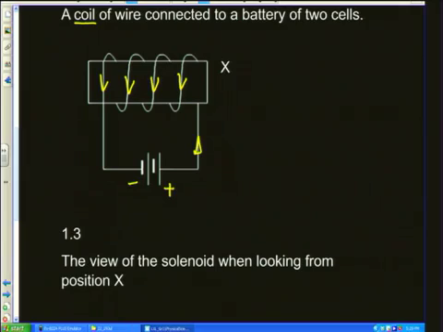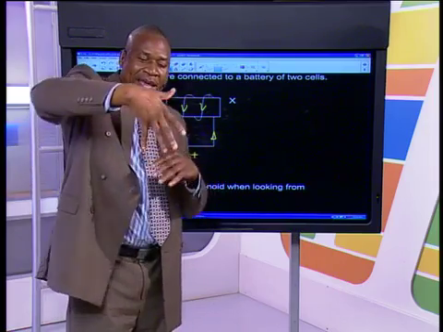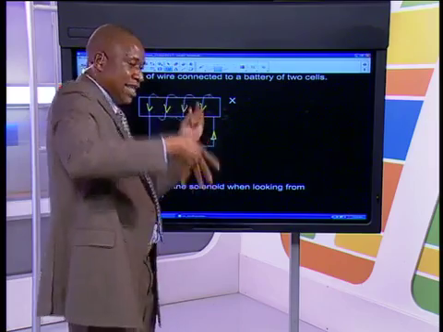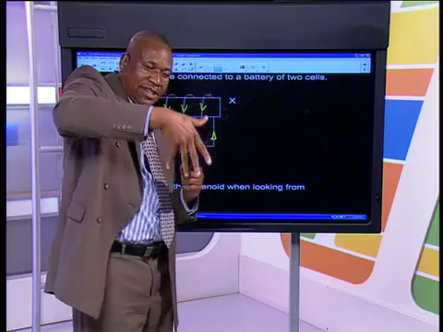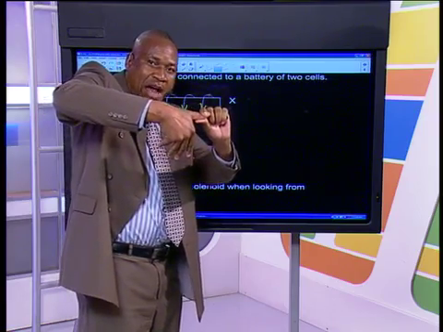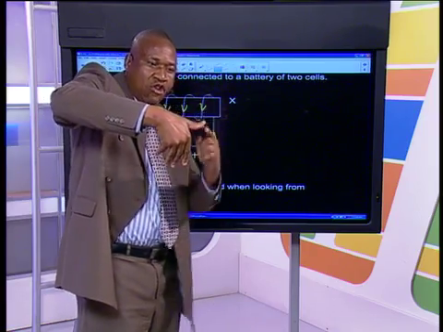Now let's just have a look at this. Again, I want you to have a look at my fingers here. If you look at the direction of current on the drawing that I've given you, you can actually do it this way. Your fingers in the direction of current, and you can see the direction of current there. Then the direction of the outstretched thumb gives you your north.